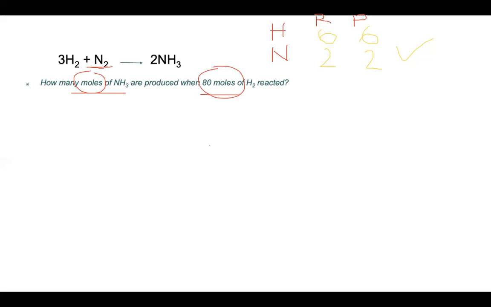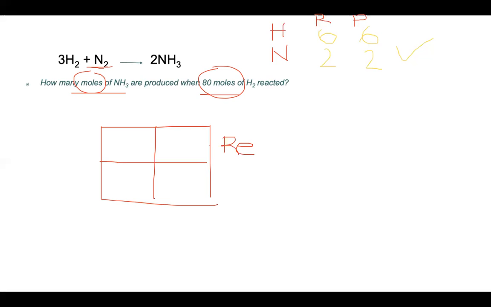So the next thing I have to do is draw my box. I draw a box and divide it by 4. In the first row, I'm going to write information about the reaction, the balanced equation. And in the second row, we write information about my question.